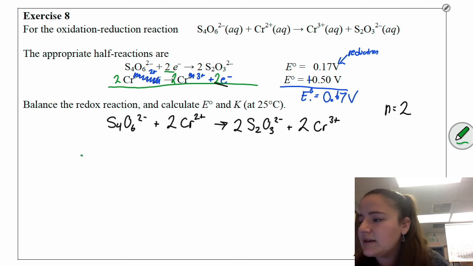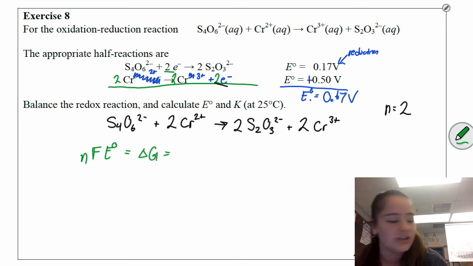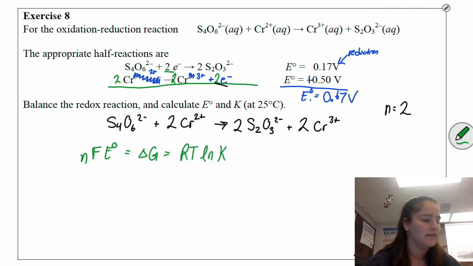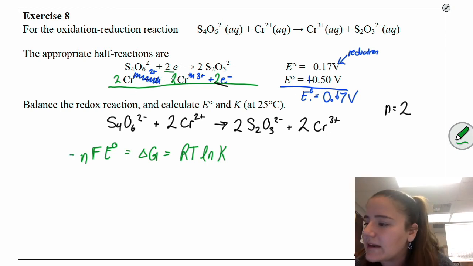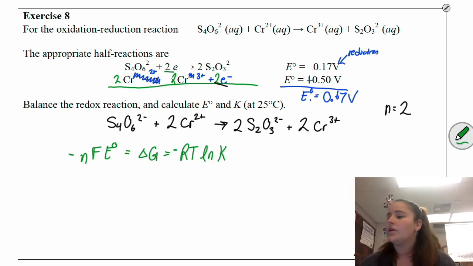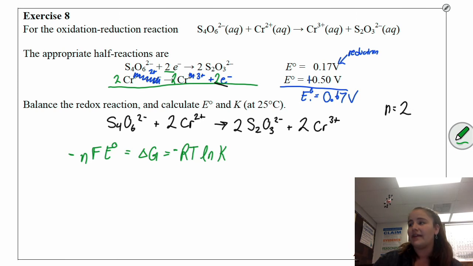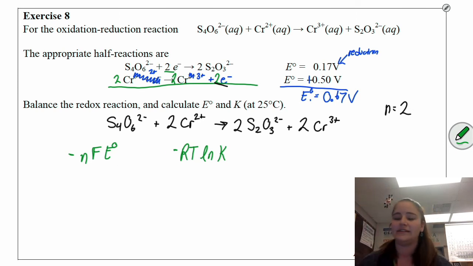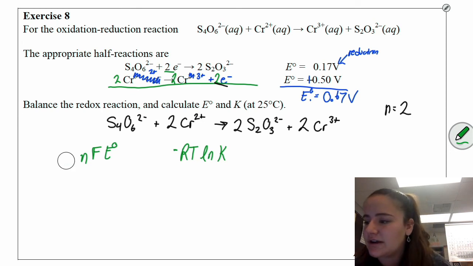It is nFE naught equals negative delta G, but then delta G also equals negative RT ln K. Oops, I forgot my negative signs there. So we can simplify this by erasing that delta G, and since it's a negative equals a negative, let's just go ahead and erase those negative signs too.